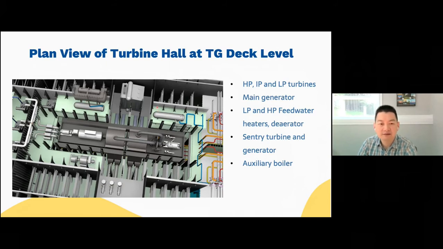Okay. This one we call the auxiliary boiler. It's powered by oil, diesel oil. So the purpose of this is, when you lose all the power, you lose all the fission power, you lose all the grid power, you can use diesel oil to power this boiler and supply steam to the sentry turbine.